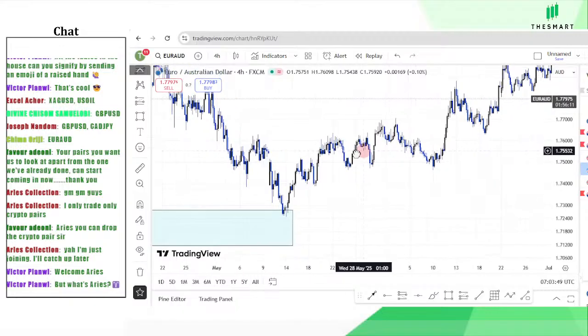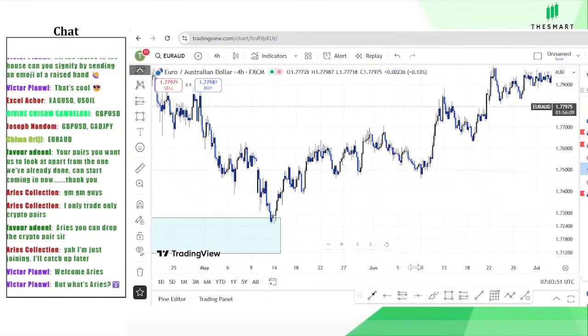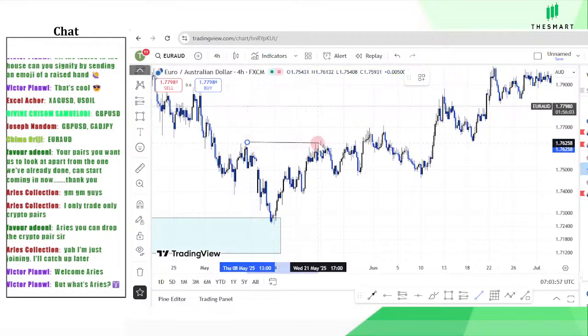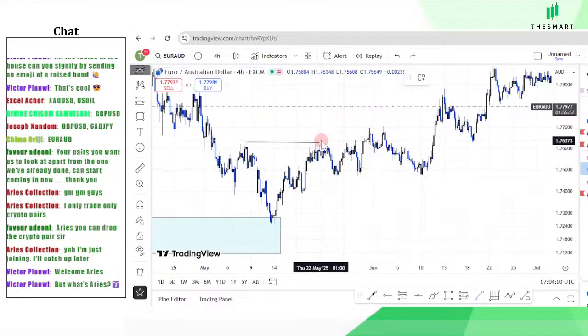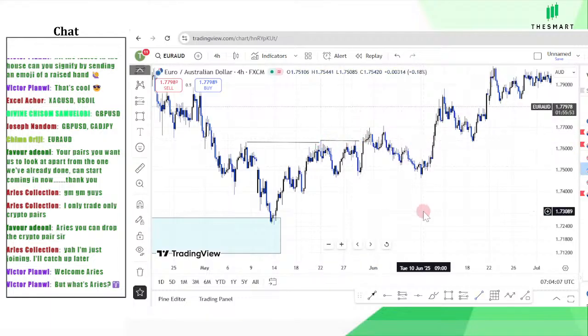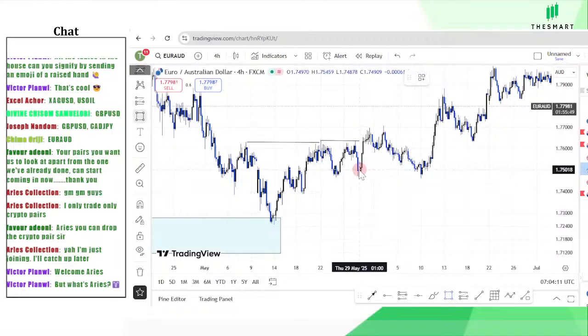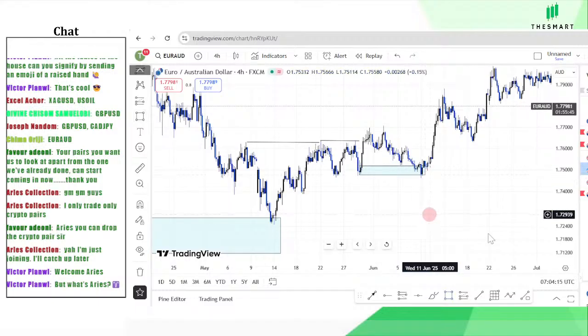Okay, so let's look at these 4 hours. From the 4 hours price action, we had a sweep there. We have a change of character, and after having a change of character, price tapped into this zone, and that's how we have that push to the upside.